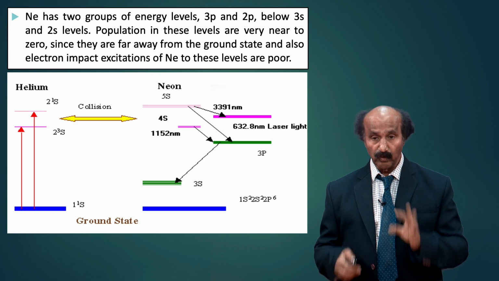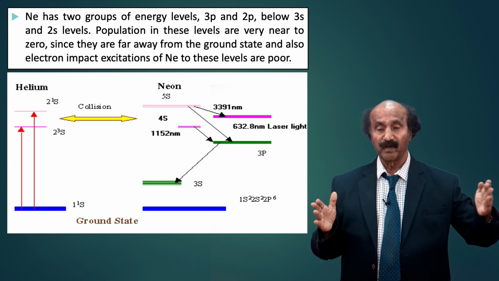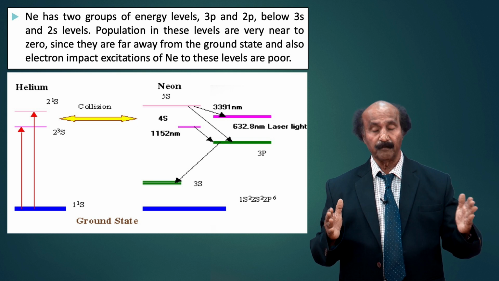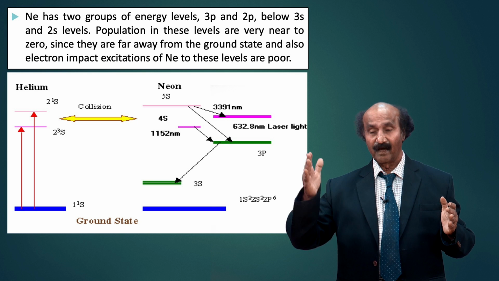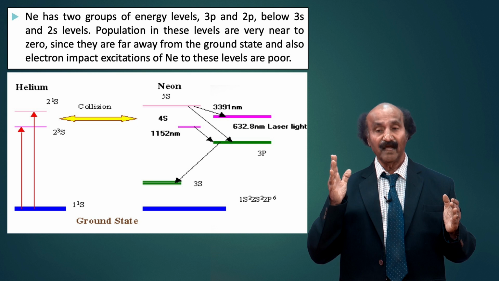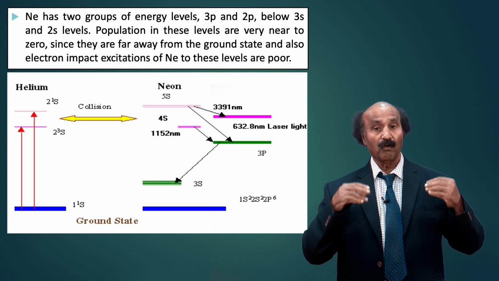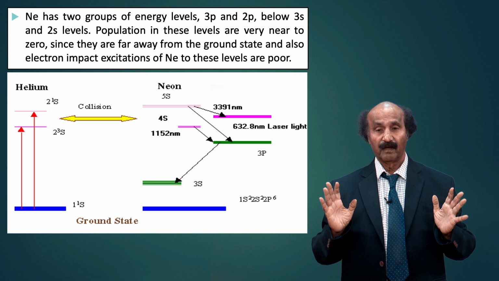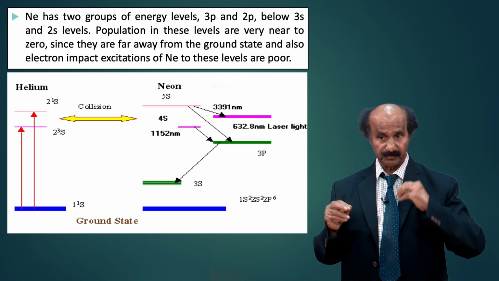For that, what we do, we will have two mirrors. One mirror will have a reflectivity of 100% only for red. Another mirror will have reflectivity of 95% only for red. For all other wavelength, it will not have a reflectivity beyond 30% or 40%.